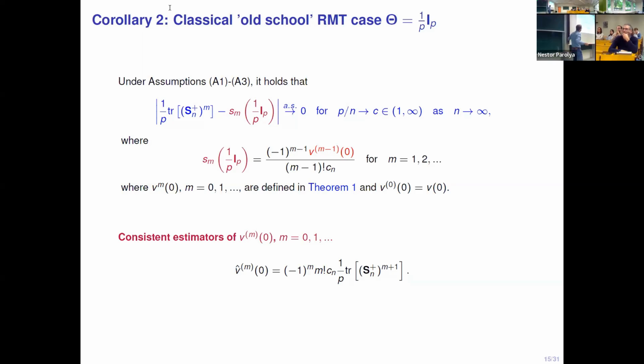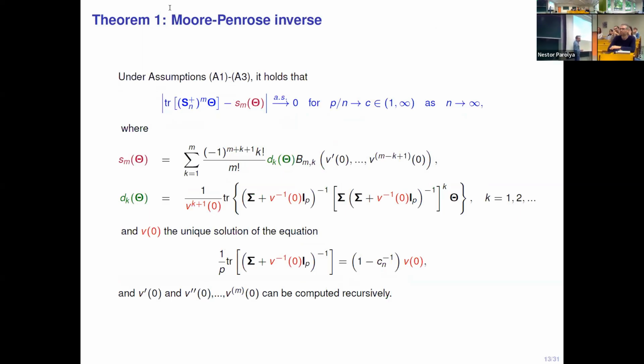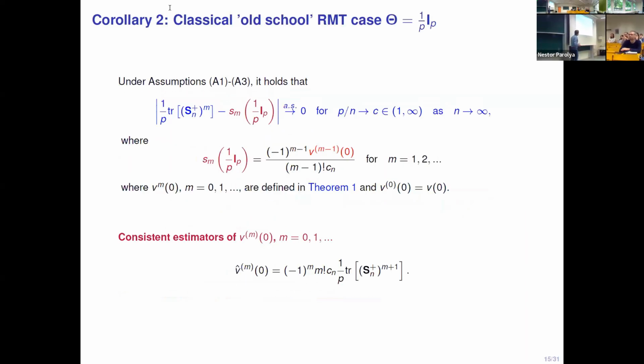So I can estimate all of them, divided by 1 minus c to the power minus m, multiplied by (n minus 1) factorial, multiplied by c_n, and I have a consistent estimate, which is purely data driven. So I don't need to solve even this crazy equation. Otherwise, to find v, first I would need to estimate this equation consistently and then solve it numerically. What I need to do is just take this, and this will automatically converge to what I need.